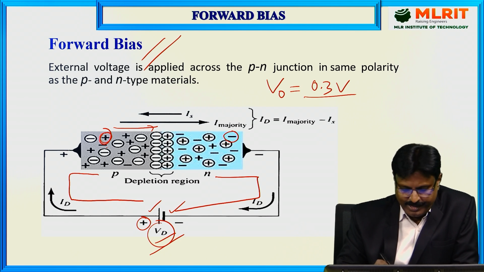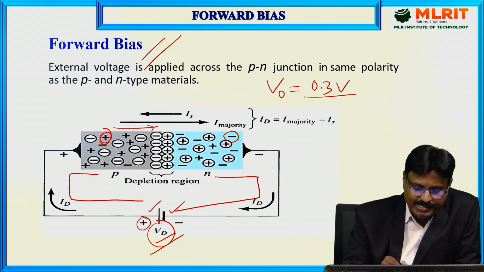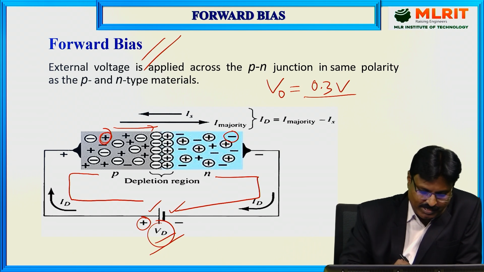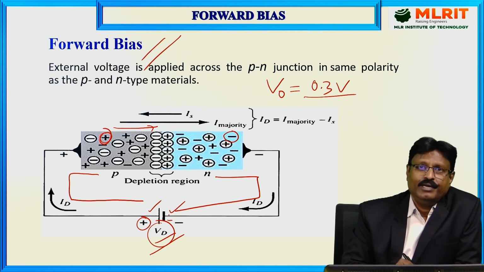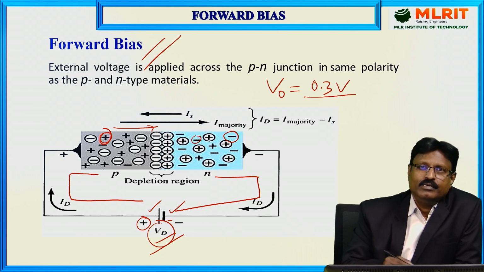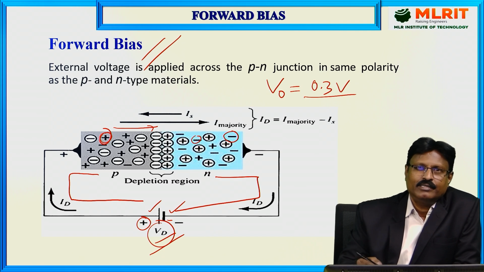Similarly, the majority carriers in the N side are electrons. If you observe the polarity, it is a negative battery potential, and this is an electron. As you can see, once again same charges won't attract, they will repel.